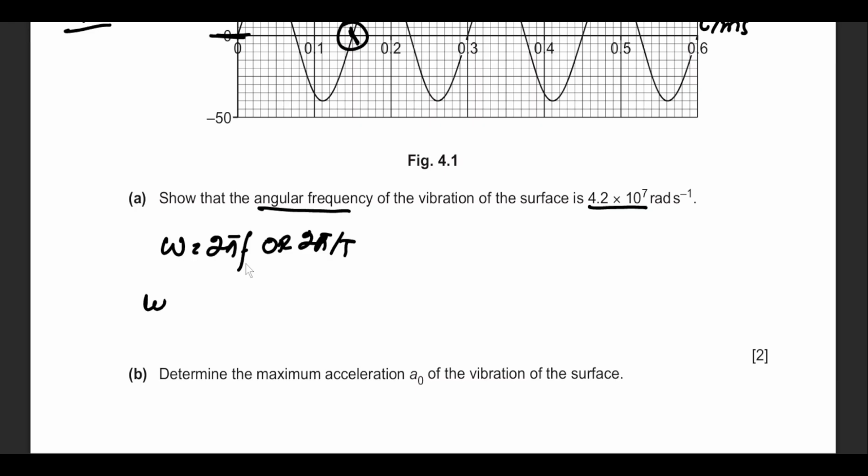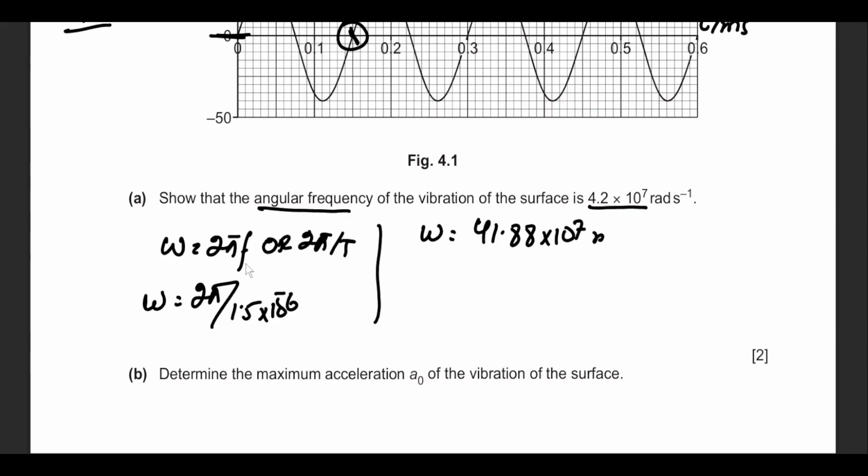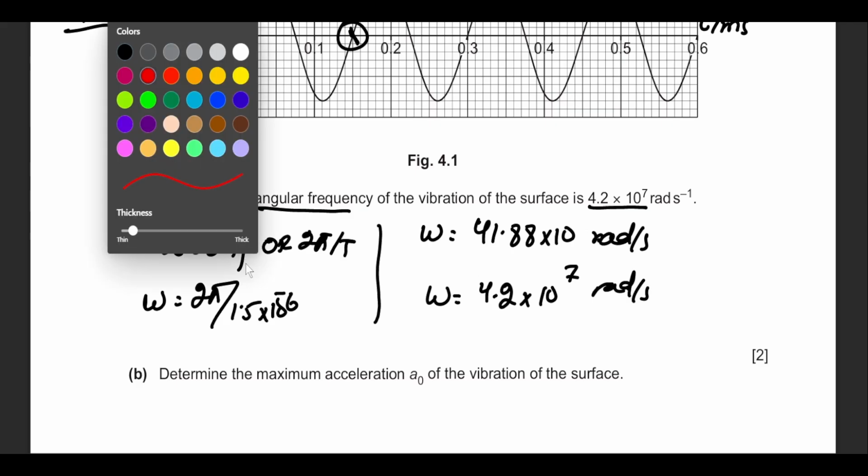So omega is equal to 2 pi divided by 1.5 times 10 raised to the power minus 6. When you do that, your final answer for omega comes out as 41.88 times 10 raised to the power 7 radians per second, which up to two significant figures is 4.2 times 10 raised to the power 7 radians per second. Now I just made one mistake. This is not 7, this is going to come out as 6.